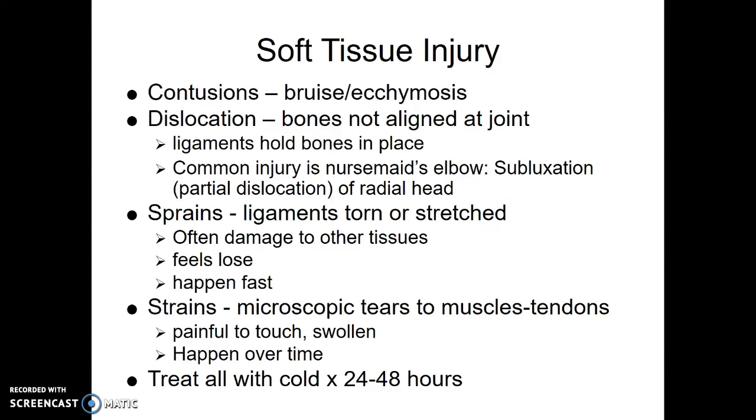It's subluxation, which means a partial dislocation of the radial head, which usually happens when a parent's holding a child's hand, and either the parent yanks because the child's not coming when they're being told to, or the child throws himself down, kind of pulling themselves away, but it pulls that elbow out of alignment, and the child screams and it's painful, and then they won't move their elbow.